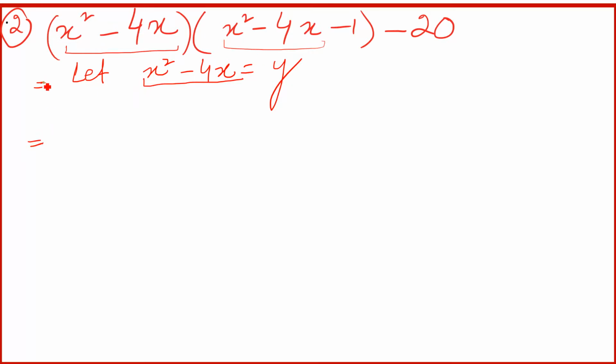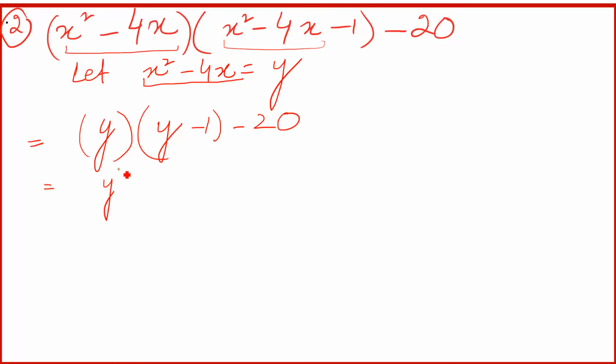Okay, see here x square negative 4x, so instead of this I can write y. Same thing, but this negative 1 is also there, negative 1, negative 20. So you have to multiply now: y square minus y negative 20.